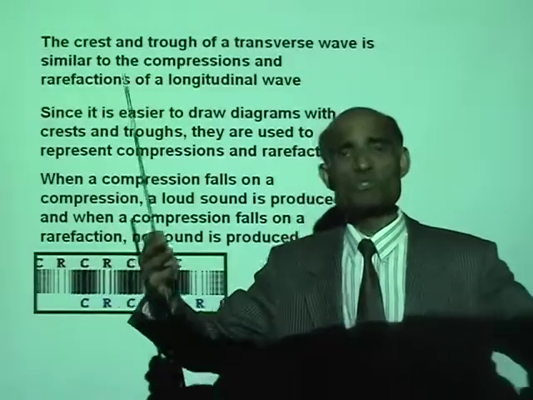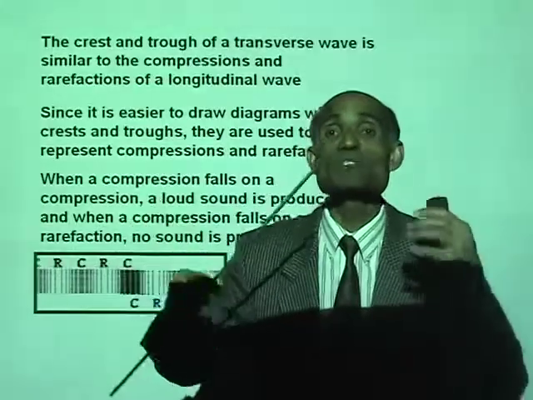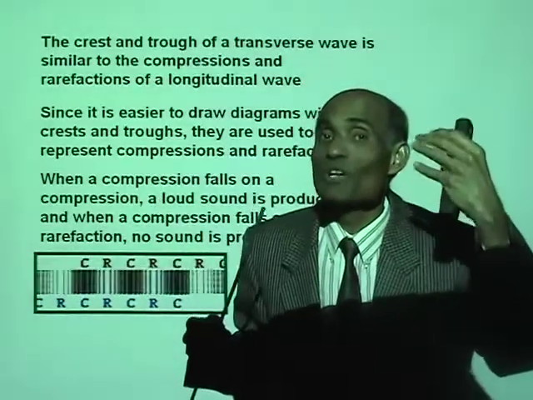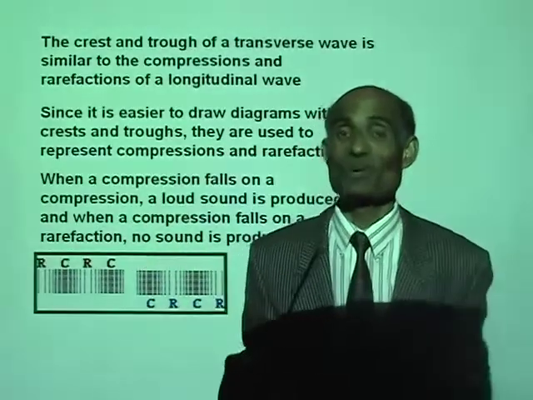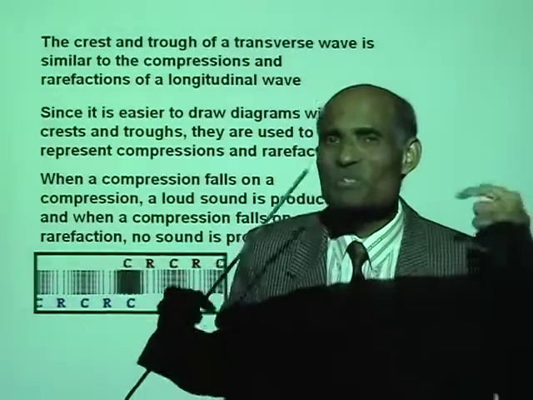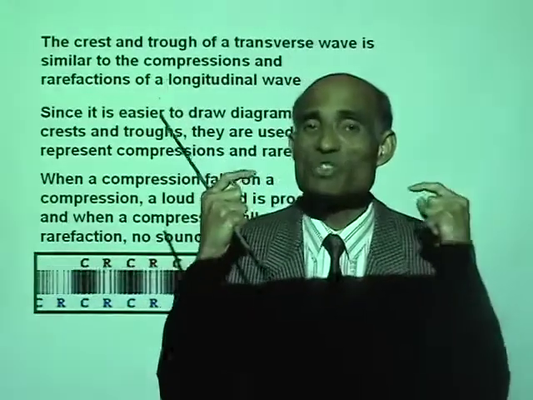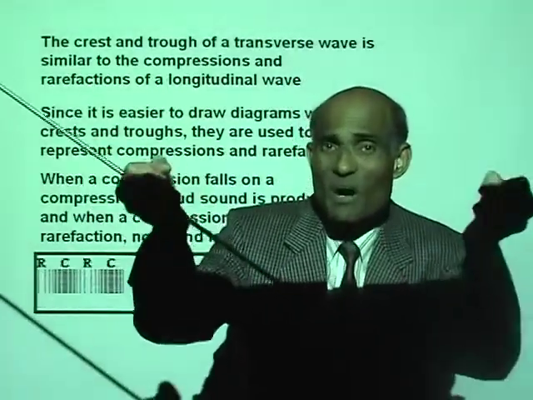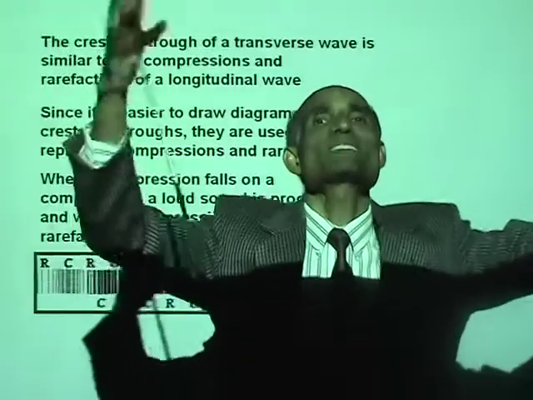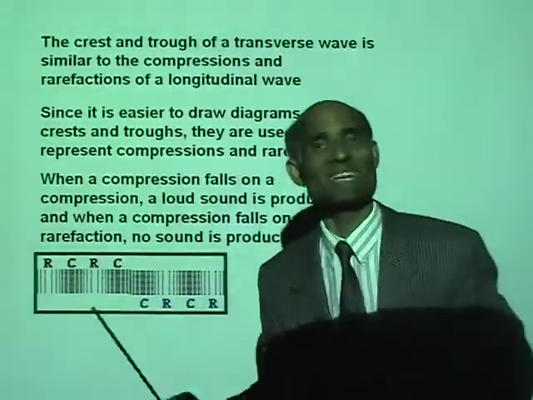So as these two sounds advance, if you stand at one place, you can hear loud sound, no sound, and so on. But in practice it is very difficult, because the sound you hear is not only the direct sound but also the reflected sound. So in practice you may not be able to actually detect this.